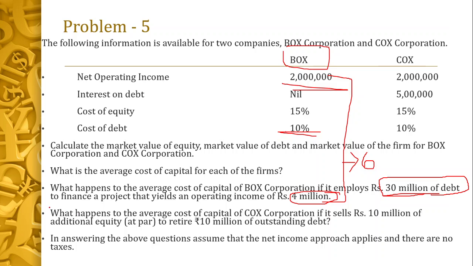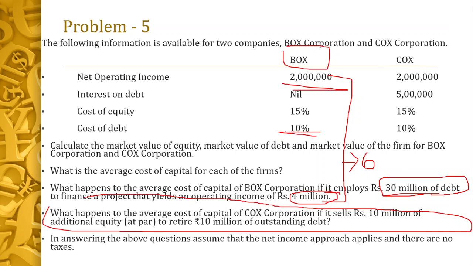But for this particular thing, you can start solving, but the thing is that they have said that they are retiring 10 million outstanding debt, but the debt itself stands at 5 million. That is the problem. The interest amount is 500,000.